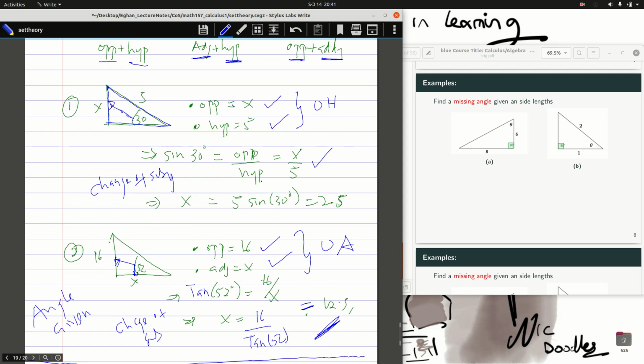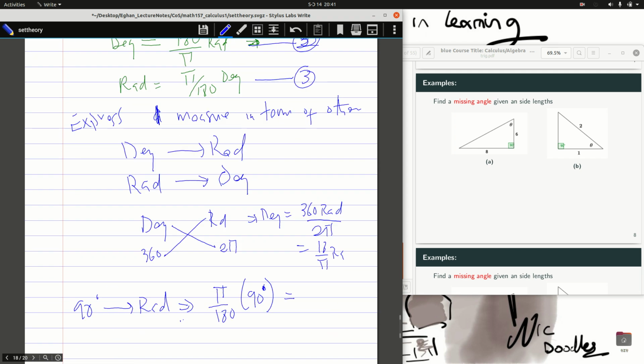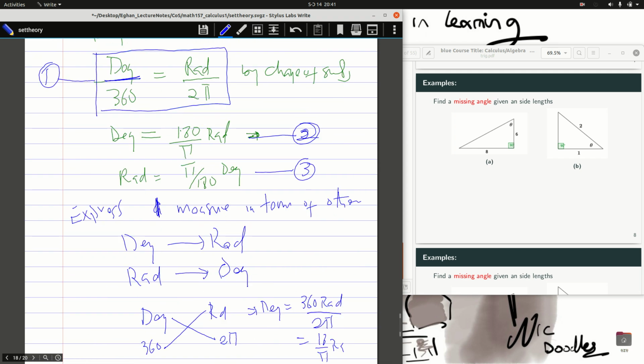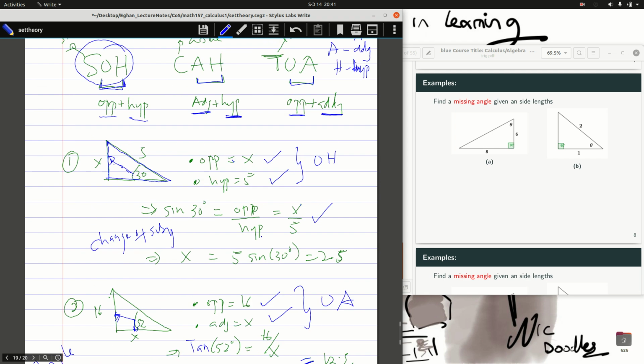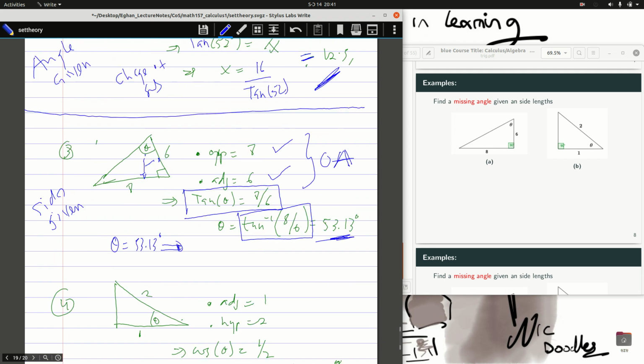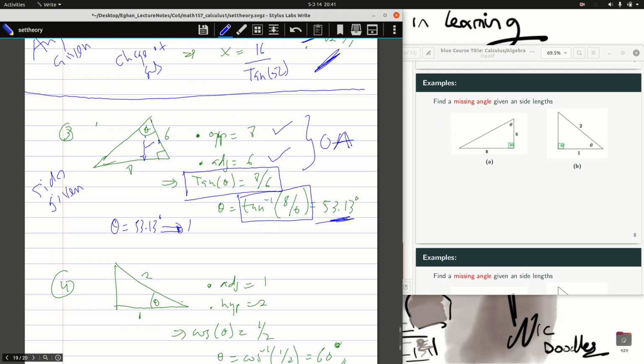If you've forgotten, you go back and check. I use this equation 3. So I would write pi on 180 degrees times 53.13 degrees, and I have it in terms of pi. I'm not so sure of the answer, but that is what you can do.